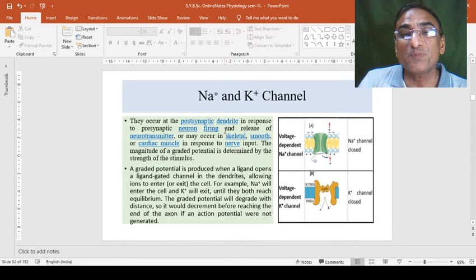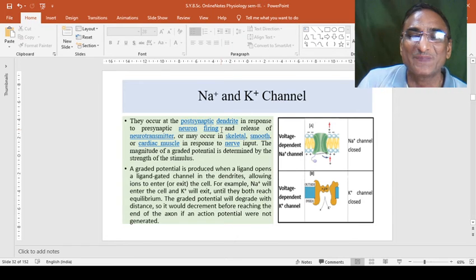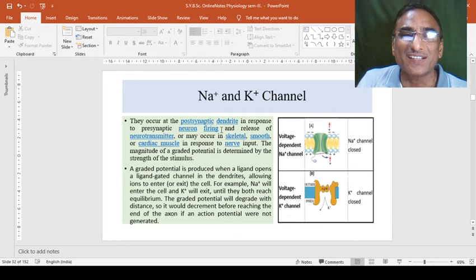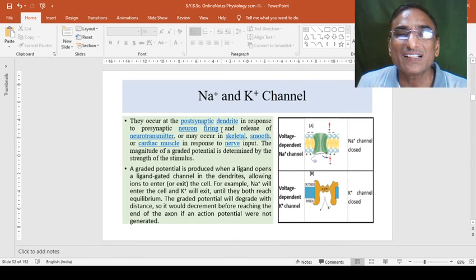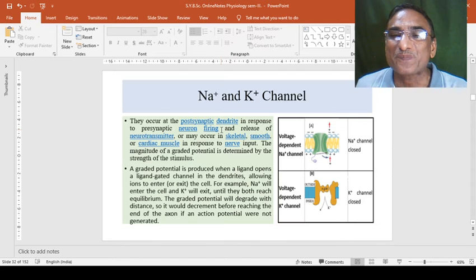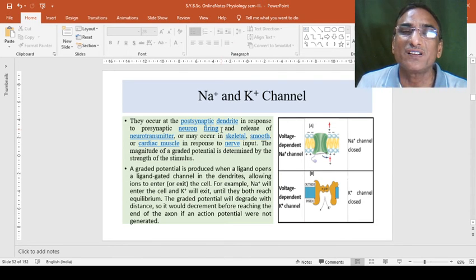One more thing is important to know here: these activities of sodium-potassium channels, resting membrane potentials, or the sodium-potassium pump are different in the dendritic synapse and the pre- or postsynapse, either at the end of the axon terminal or at the dendritic ends.